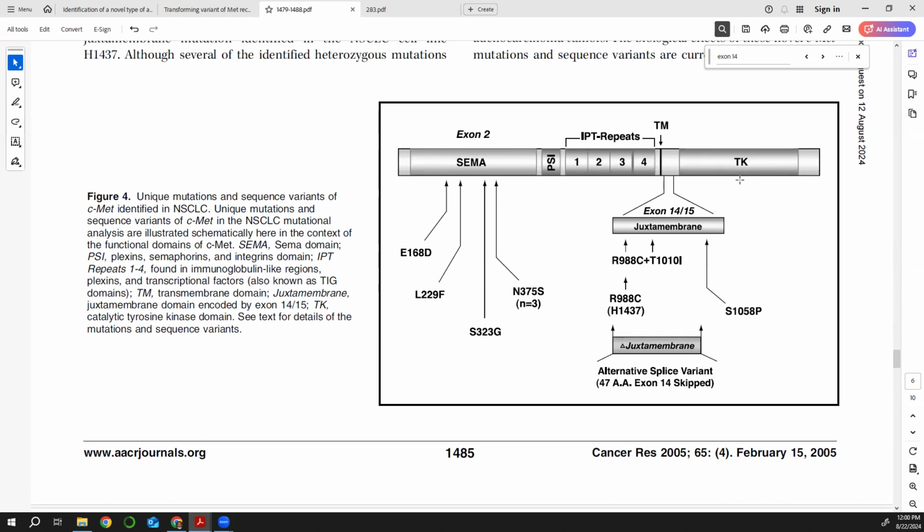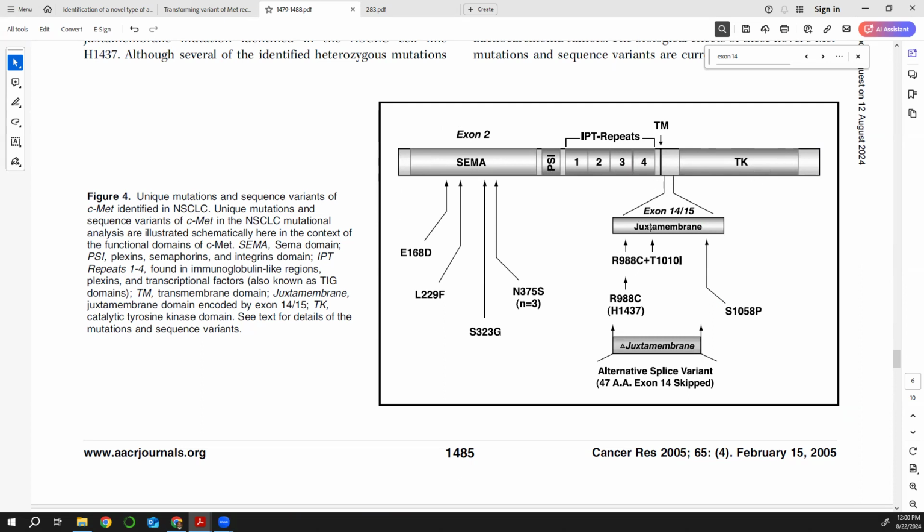And that, of course, includes the juxtamembrane domain and the tyrosine kinase domain. Okay. Notice there were no tyrosine kinase domain mutations here. So the mechanism of activating MET in lung cancer seems different than papillary renal cell carcinoma, and that's interesting too.